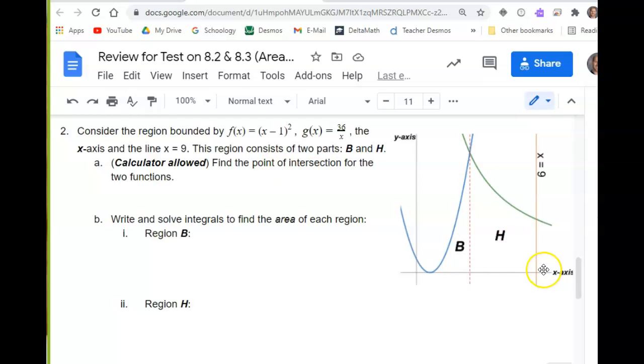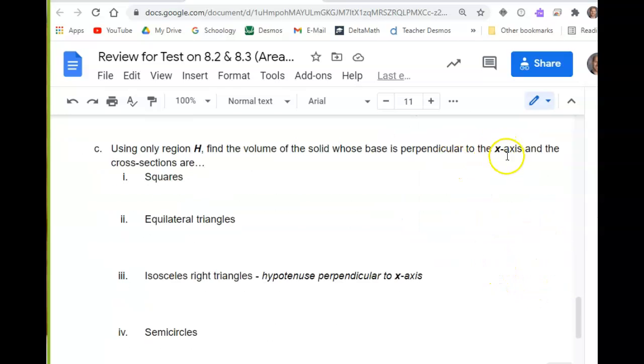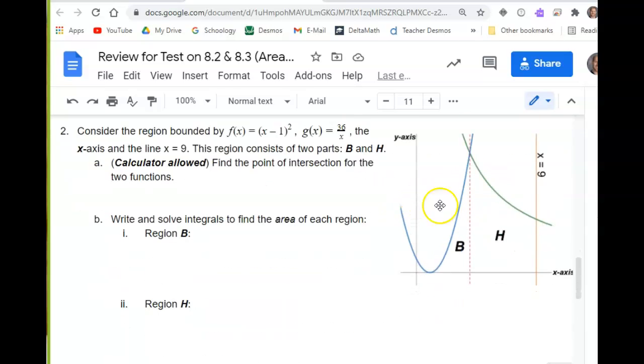So you go from this x value to x equals 9. And then for H, we're looking at it perpendicular to the x-axis. So picture the squares. I think I can draw on this? I'm not sure if it lets me. Picture the square coming up off of here, right? Or if they say it's a semicircle, then you're picturing the semicircle. And then you just have to think about what the side length is. It's based off of whatever this function is, which is described. So, again, the answers will be posted so you can check your work.